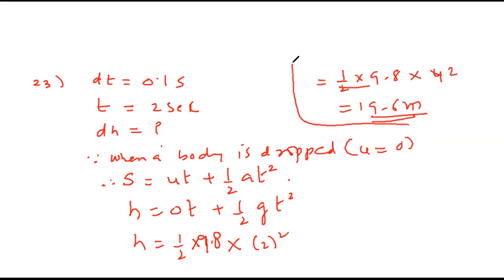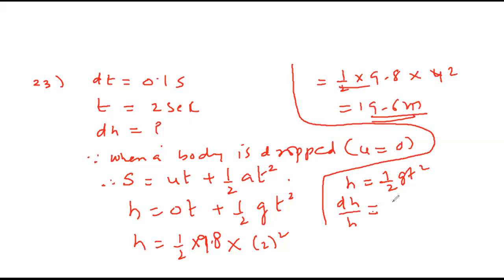If we want error dh, first I should know what is h. H is half gt square. So dh upon h equal to half no error, g no error because they are constant. Power becomes multiplier into dt upon t.